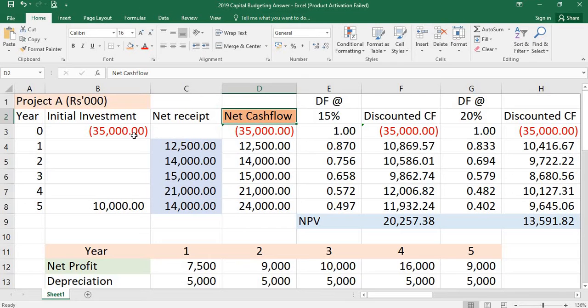Year 0, when you are making the investment, it's a cash outflow, there is no other value. Therefore, net cash flow is minus 35,000. Year 1, the same value will continue, year 2, year 3, year 4, year 5.